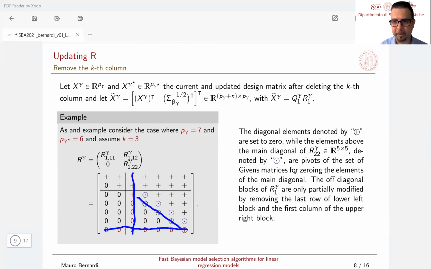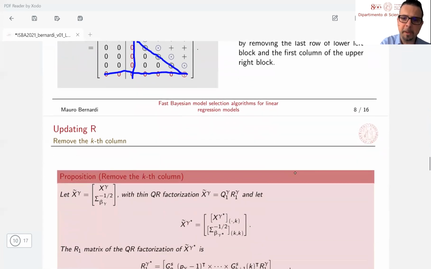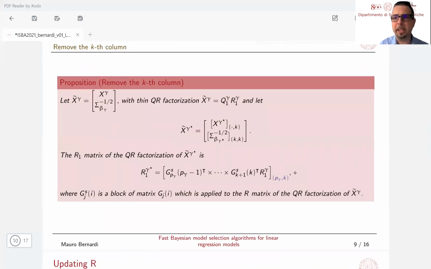of the R matrix. Our algorithm provides an efficient way to deal with that task, and in particular, we can see that the new matrix can be obtained by multiplying the previous matrix R1 with the complete set of Givens rotations that zeros the elements along the main diagonal of the previous R matrix.